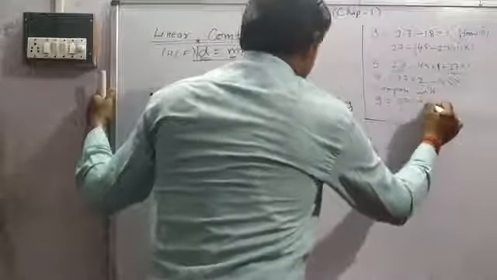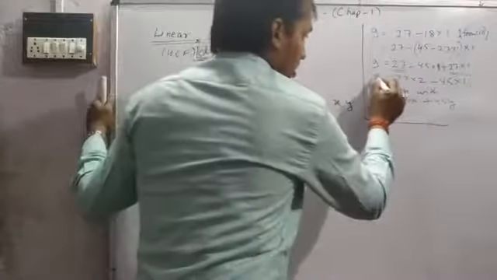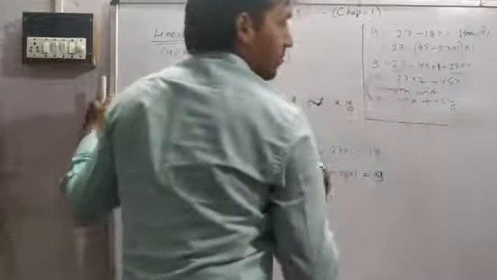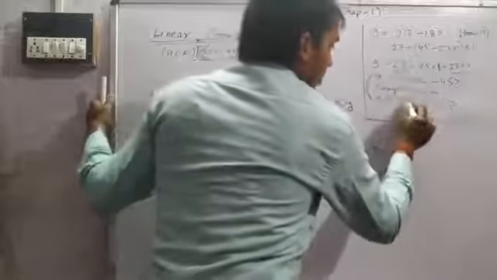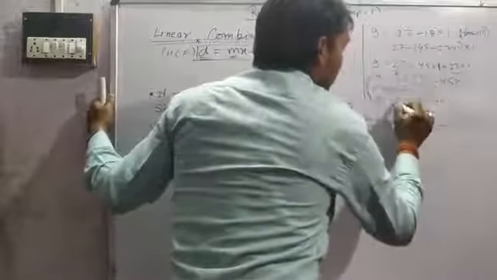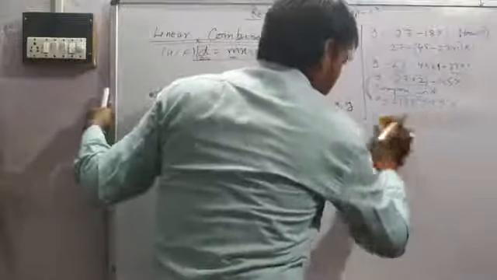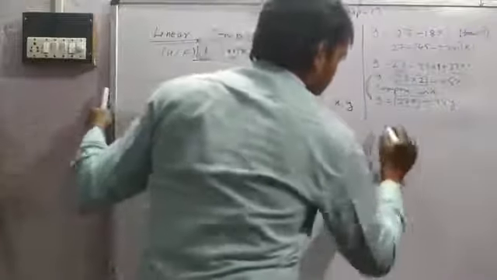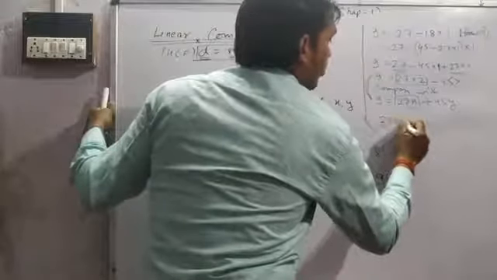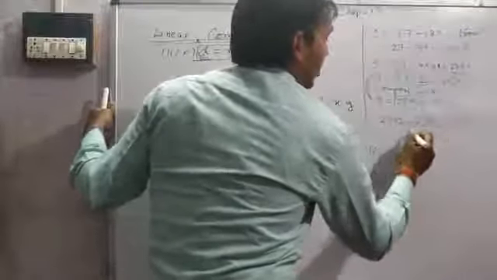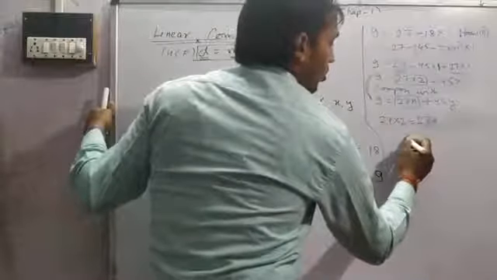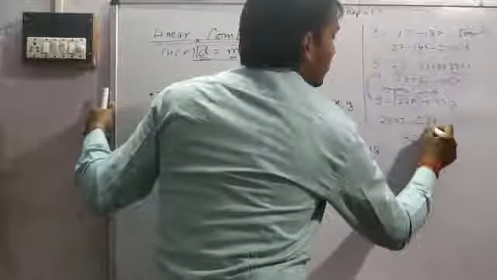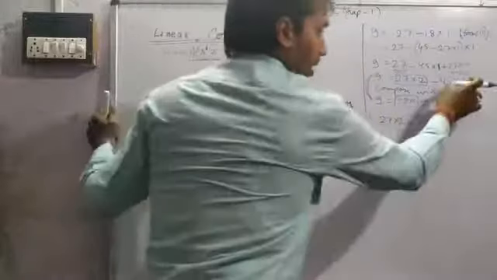9 is equal to 27x plus 45y. Then compare this. If you compare this, what do you get? 27 into 2 is equal to 27x. 27 and 27 cancel out. So 2 is equal to x. Same here.